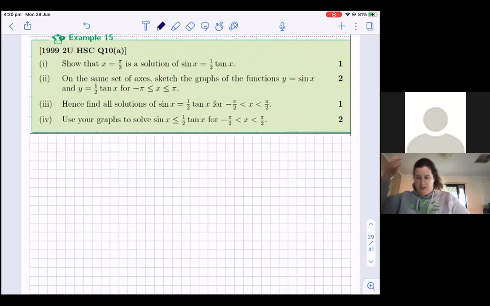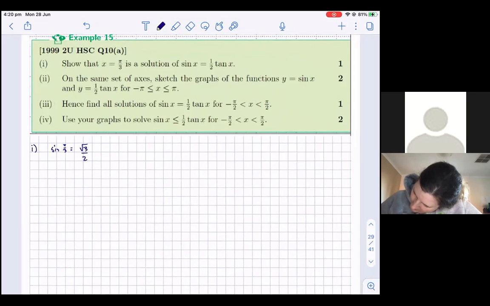Okay, show that x equals pi on 3 is a solution of that. That's fairly nice, an easy 1 mark. Sine pi on 3, that's sine 60, I hope. Yep, so that's √3 on 2.